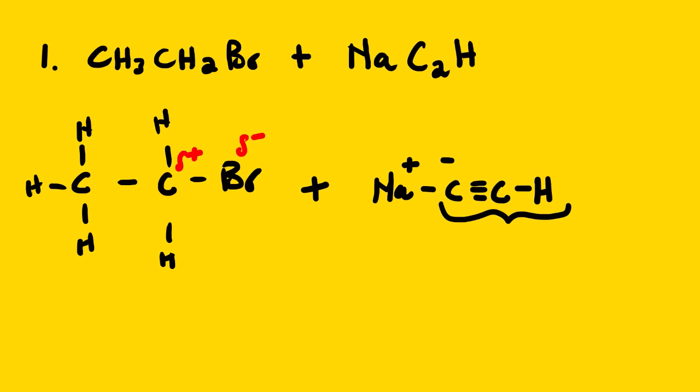So in this case, our nucleophile will attack the electrophile from the back, and then the leaving group will actually leave with its pair of electrons. It will leave as a halide ion.